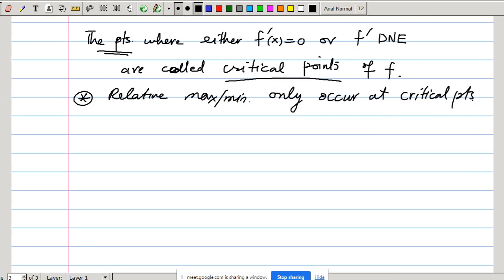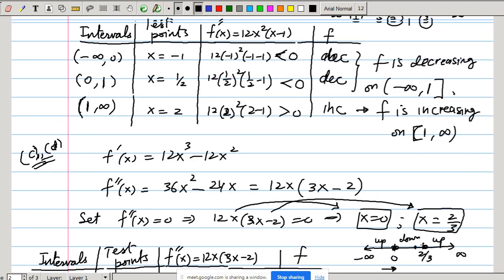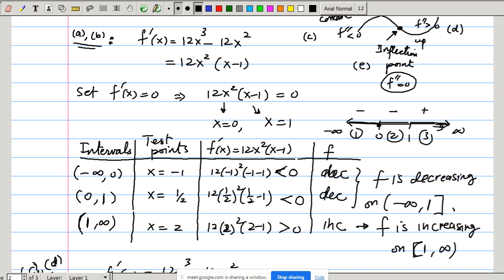So if I have to solve this, I will repeat the same thing. Let's say the question is: find the maxima and minima of this function. I will take the first derivative, put it equal to 0, and get the critical points. If there is any point where f prime does not exist, I will get that as well. But polynomials always exist everywhere, so there is no point where f prime does not exist.